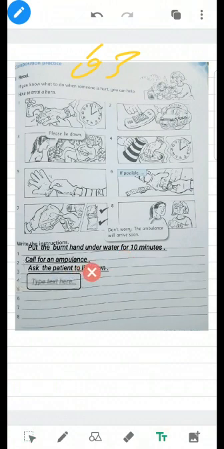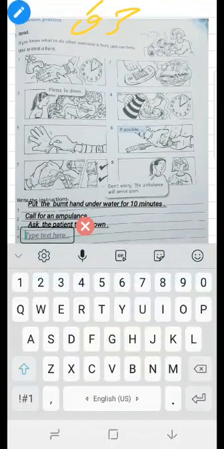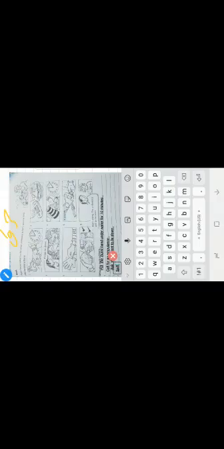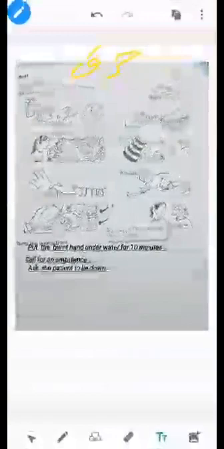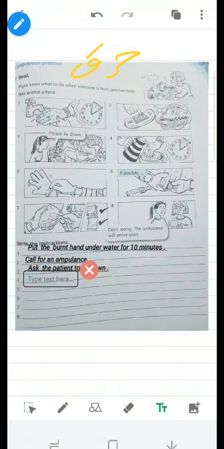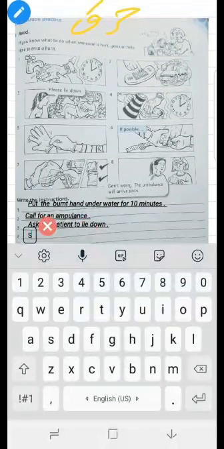Number 4. Look at number 4. Okay, the lady is putting her hand under cold water also for 10 minutes. So, spill, okay, we write spill cold water. اسكب ماء بارد.